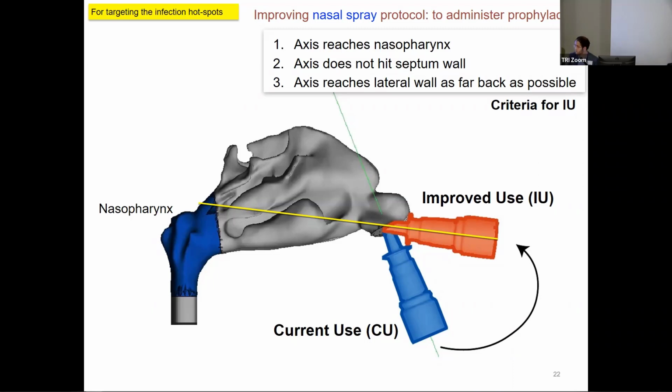The axis should not cut through the septum because it is clinically unsafe, and the axis would eventually intersect the lateral walls, but let's try to do it as far back as possible. Those are the 3 conditions, and hence you can tell that based on the anatomy, this is a personalized direction. The angle is not going to be the same for every person, as long as we follow these 3 conditions.